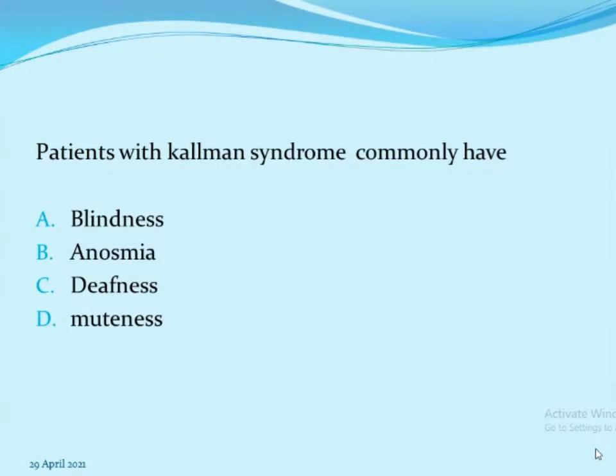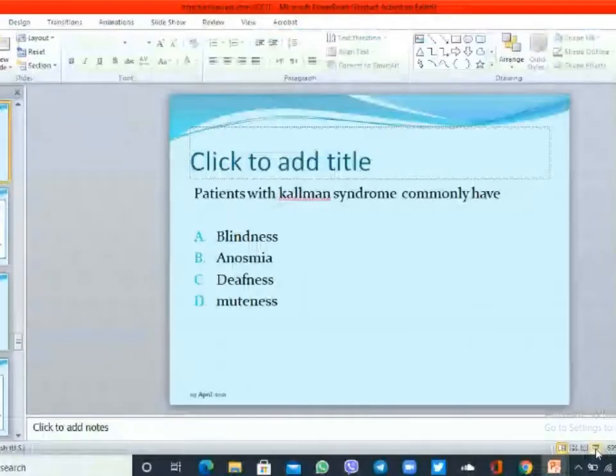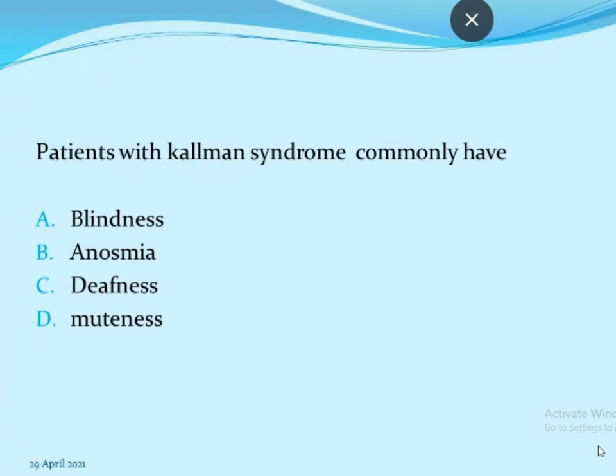Another question for you: a patient with Kallmann syndrome commonly has A, blindness, B, anosmia, C, deafness, or D, muteness. What's your answer here? This is caused because the embryonic origin of the nerves is the same for the gonadotrophin and for the olfactory bulb.